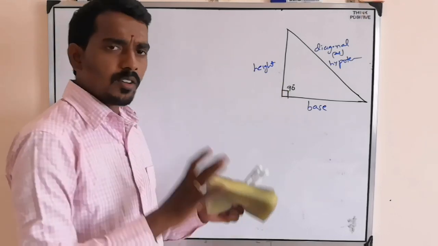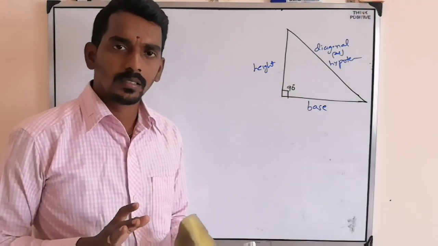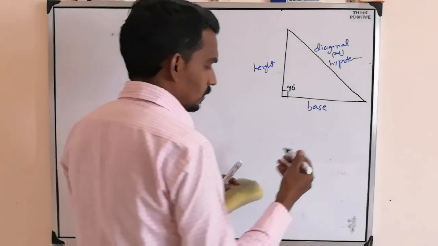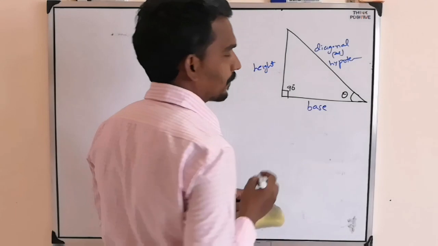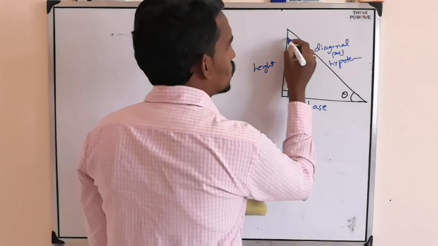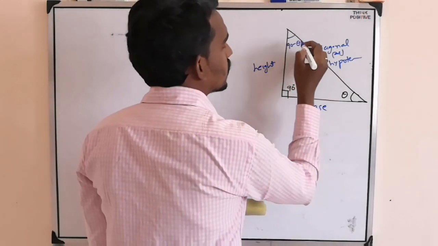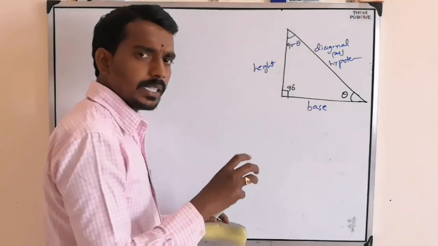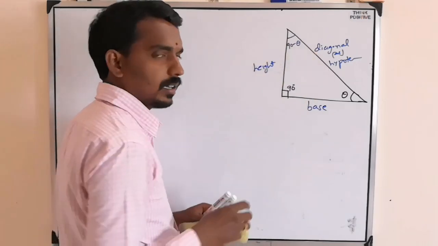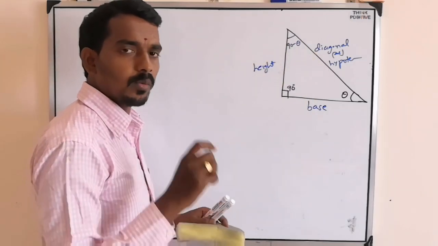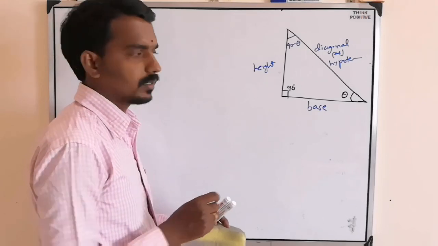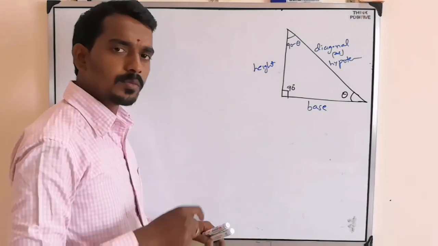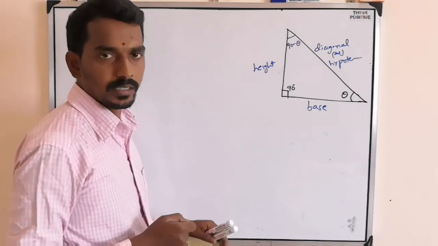Now, one angle is always fixed at 90 degrees. What about the other angles? If you consider this is theta, then this will become 90 minus theta, because the sum of three angles inside the triangle is always equal to what? 180 degrees. So already 90 is there. So the sum of the rest of the two angles must be how much? 90 degrees.